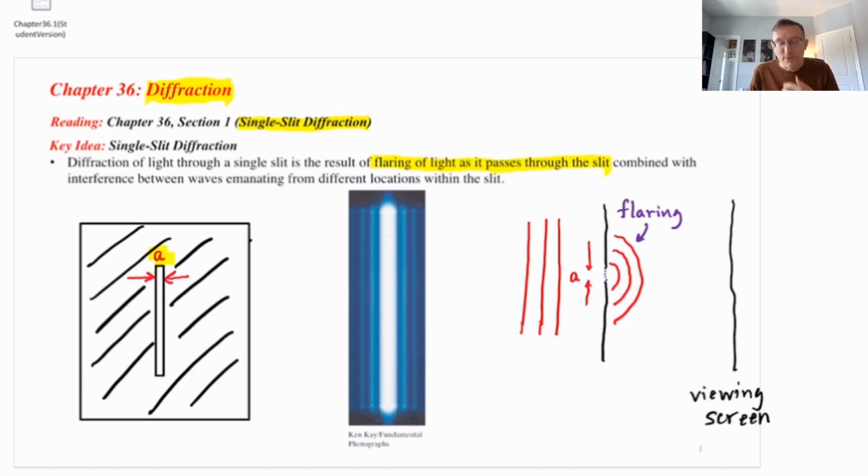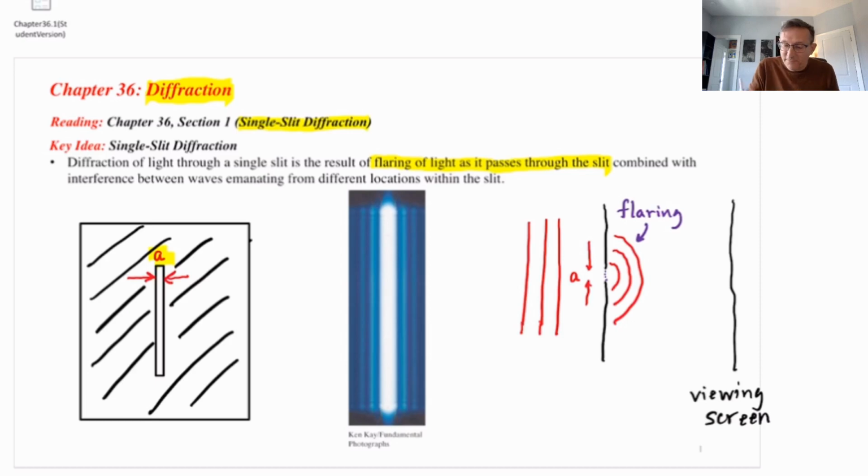Now, the photograph in the middle here is an actual photograph of an actual diffraction pattern. It was made by shining coherent light on a vertical slit, much like the one I've drawn on the left. The light goes through that vertical slit, and the flaring is now this way.